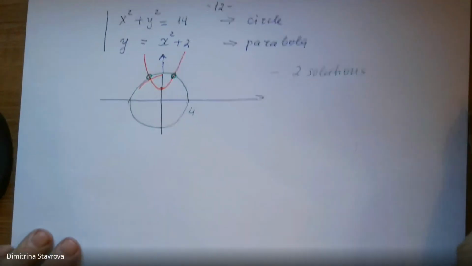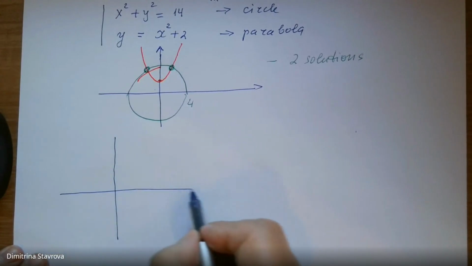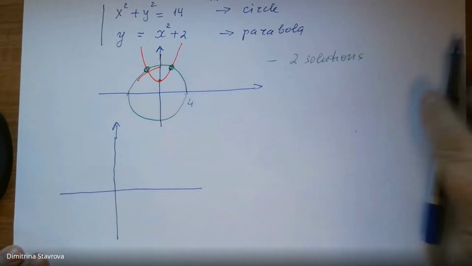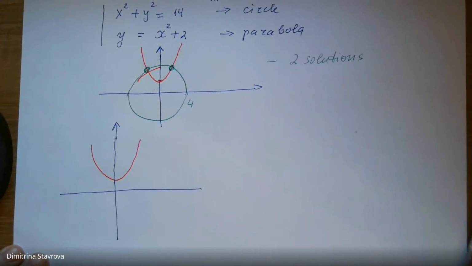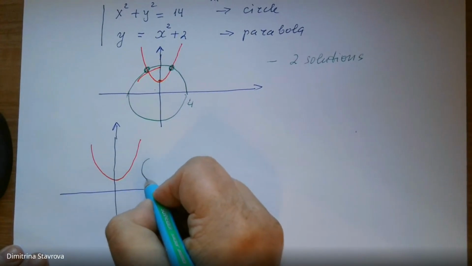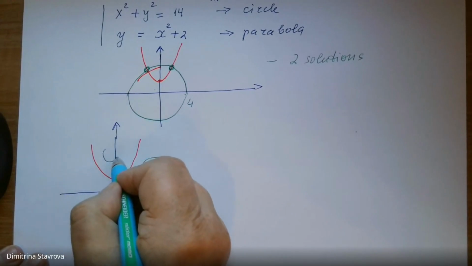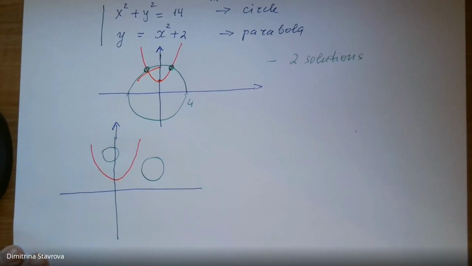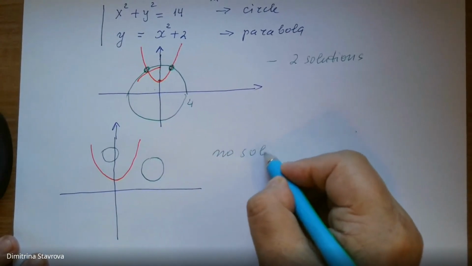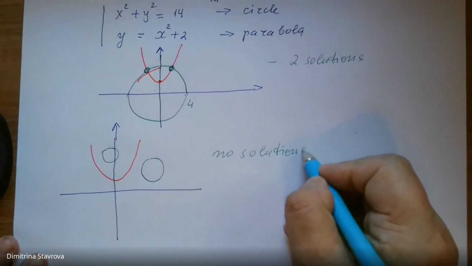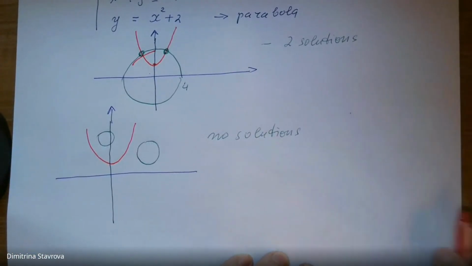But what other possibilities do we have? We can have some parabola and a circle lying either outside it or inside it. Hence, no solutions. Also, can we have the following situation?